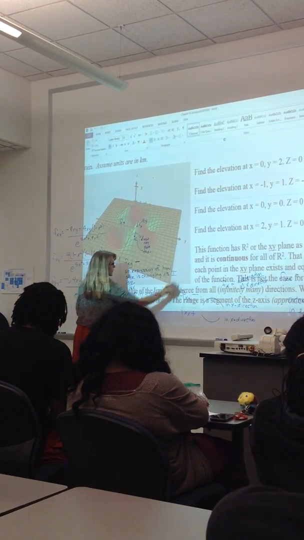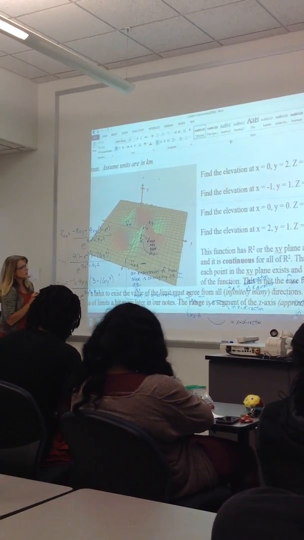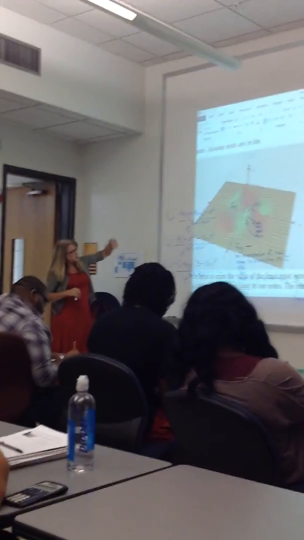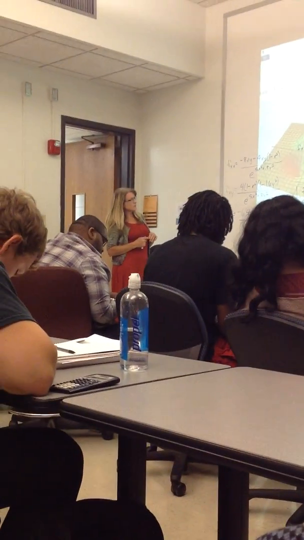But it turns out that you actually get the same value if you find the slope in the y direction and then analyze what's happening as you move in the x direction.